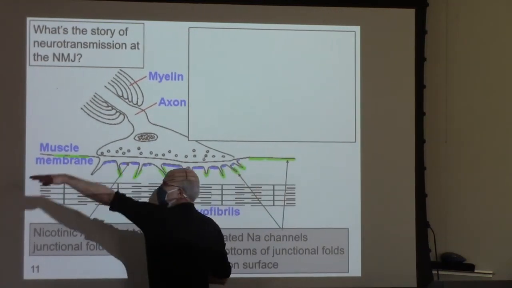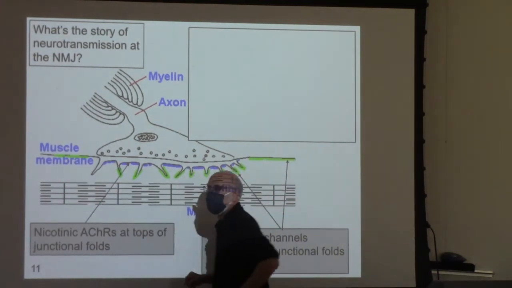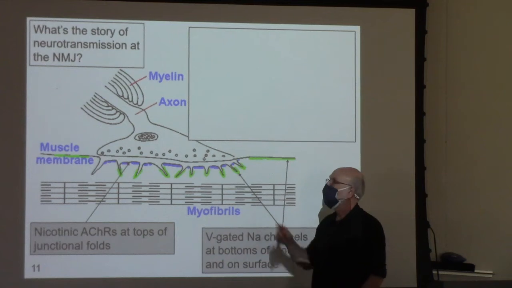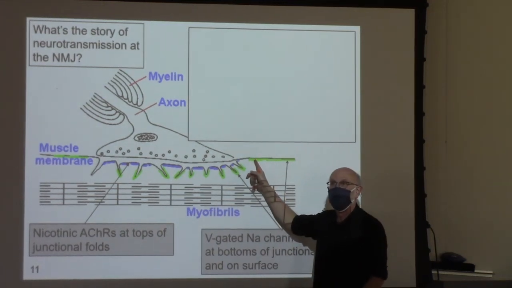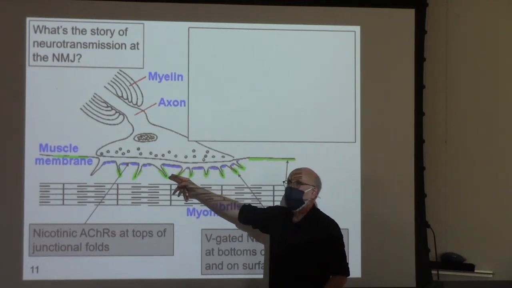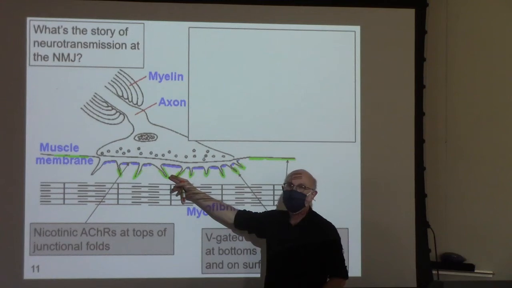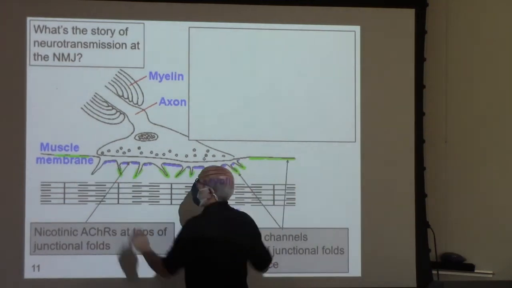So from here to the end of the building, from here to Tyler. Voltage-gated sodium channels. What did we just do? This depolarization opens voltage-gated sodium channels because we reach threshold, and the muscle fires an action potential.